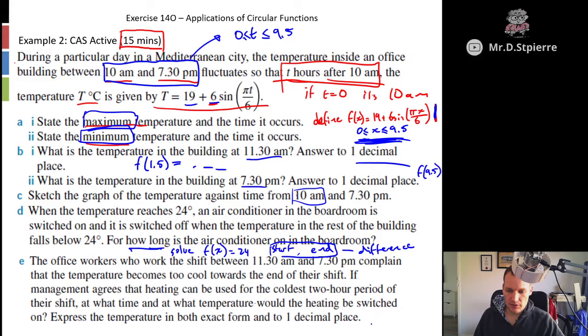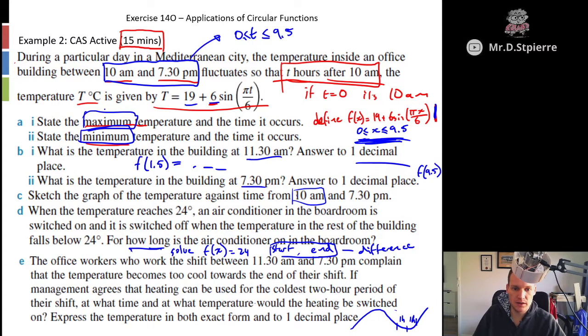Okay, now this again depends if a full cycle's fitting in. If we can fit in a full sine graph, the coldest 2-hour period, let me draw this a bit bigger, will be 1 hour either side of the minimum.